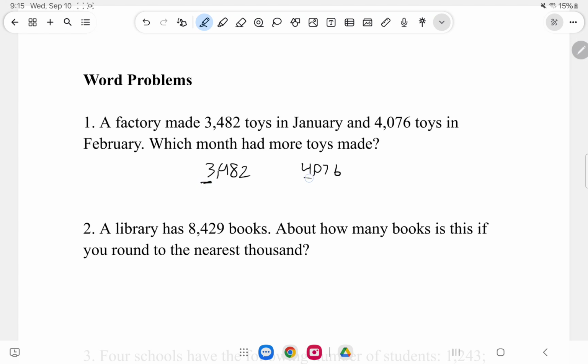So if we compare the thousands place, we see that 3 is less than 4. So February made more toys.